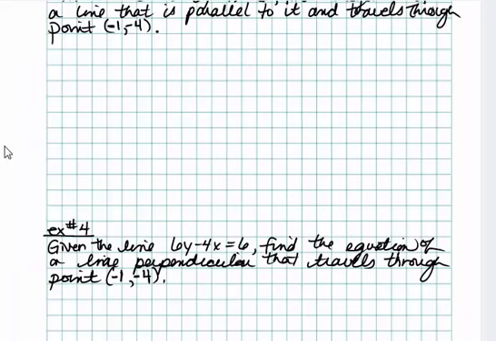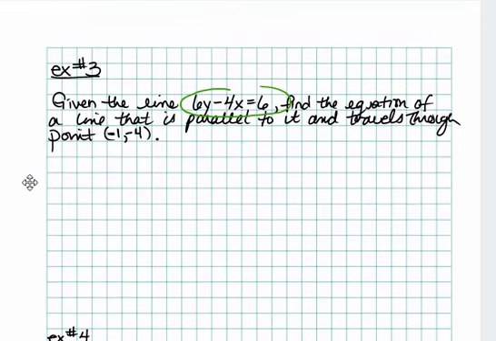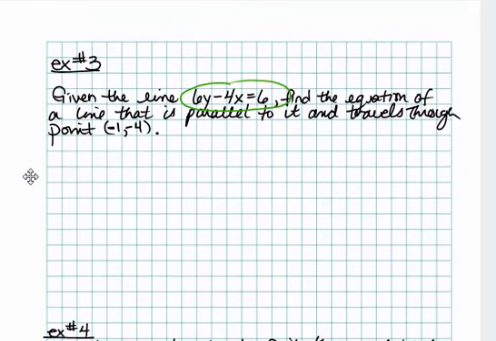So I've given you a line, 6y minus 4x equals 6. And you've got to figure out a line parallel to it. First step is finding what's the slope of the line we have.